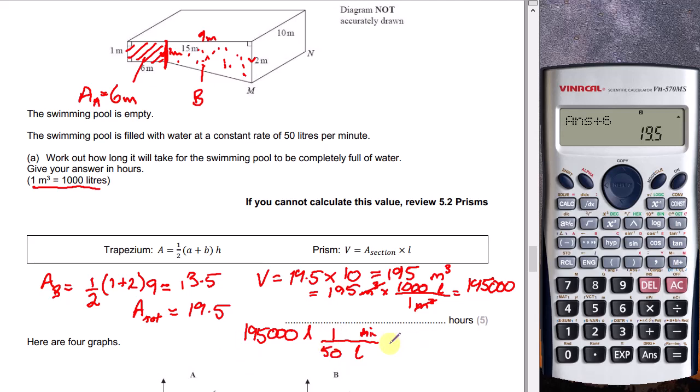I want to convert the minutes into hours. So minutes on the bottom, hours on the top. 1 hour is 60 minutes. So to convert that into hours, first of all I take my previous answer and multiply it by 1,000 to get us up to here. Then how many minutes does it run for? Divide by 50.